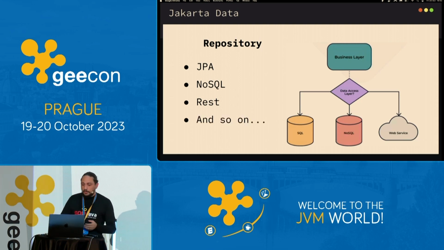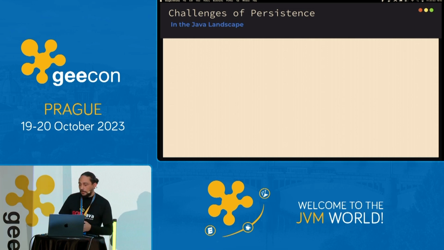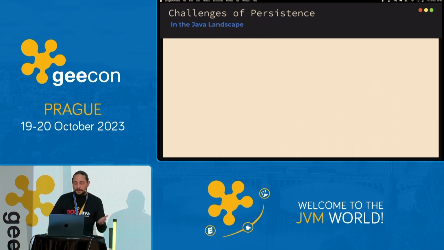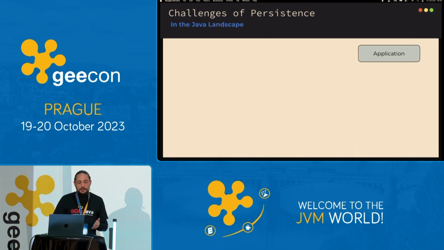But we know that today there are a lot of challenges with persistence in the Java landscape, as Otávio said, the mismatch between the paradigms and so on. So how do we develop those things today?